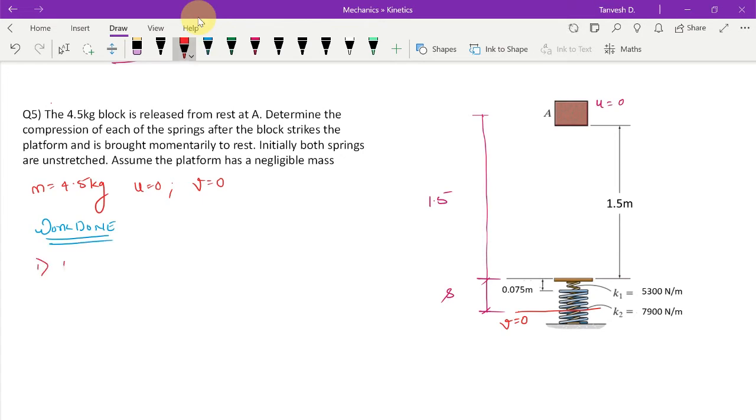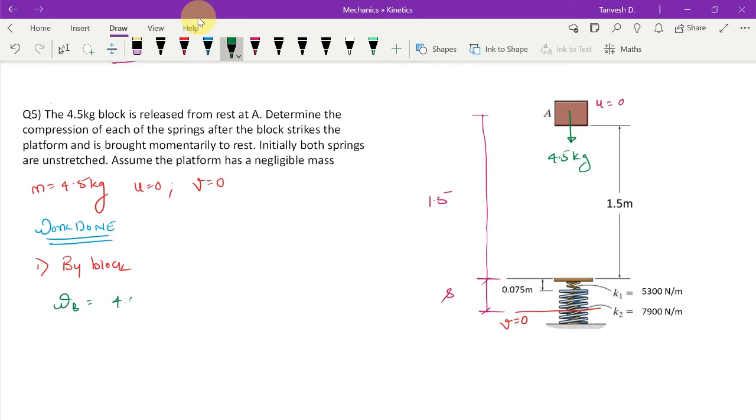So work done, first is by the block. By block, what is the work done? So it is WB, I will say, and the mass is acting like this, 4.5 kg, and the displacement is also happening in that same direction, therefore the work is positive.